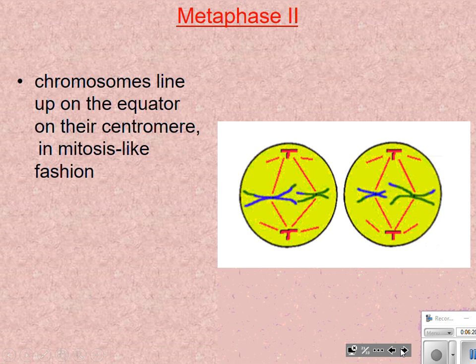So when I show the diagram here, you can see that we have these chromosomes lined up on the equator. We have spindle fibers attaching to the centromere.